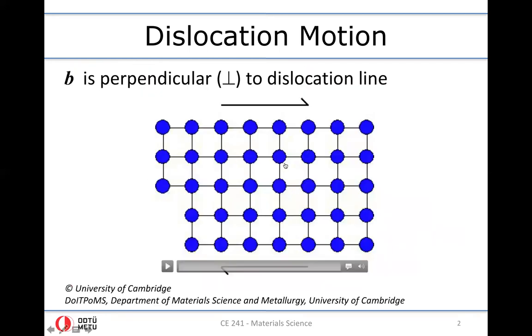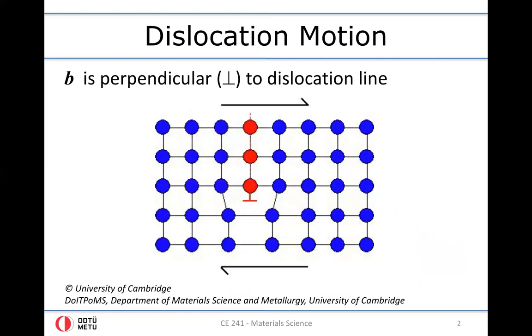So here's the movie where you have an edge dislocation, where B, denoting the Burgers vector, is perpendicular to the dislocation line. In this case, of course, the dislocation line is perpendicular to the plane, in other words, in the out of plane direction. And when I apply shear, as denoted by these arrows, on the top towards right, at the bottom towards left, this edge dislocation moves, as you see here, towards the right.